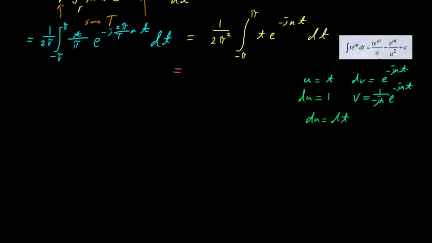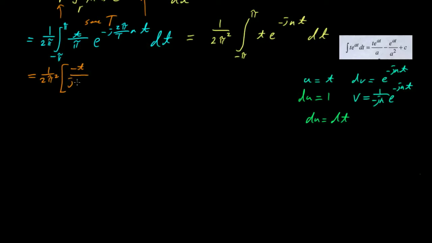All right, so let's plug it in. So uv, I have t, negative t over jn e to the minus jnt, minus the integral of v du.